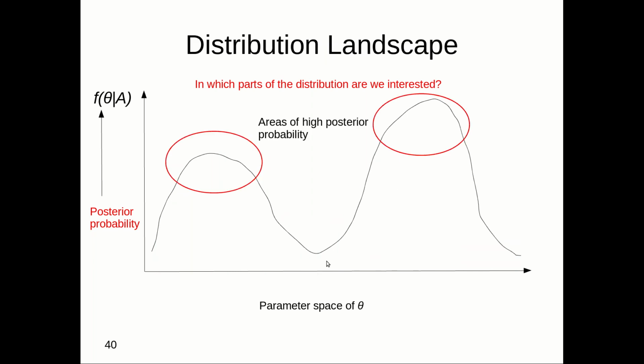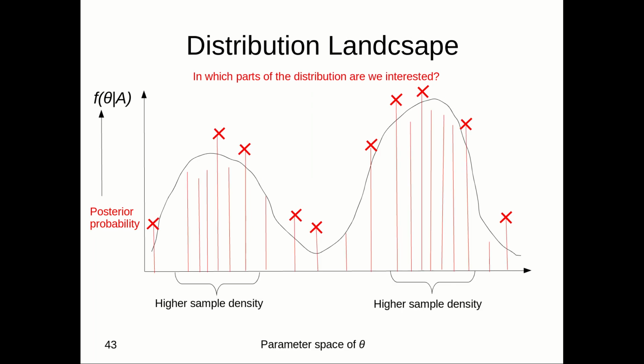So what we want to achieve with Markov chain Monte Carlo methods is to sample in more and more detail the areas of high posterior probability. So the question is, how can we get a good sample of those areas more quickly? And that's basically what Markov chain Monte Carlo methods do.